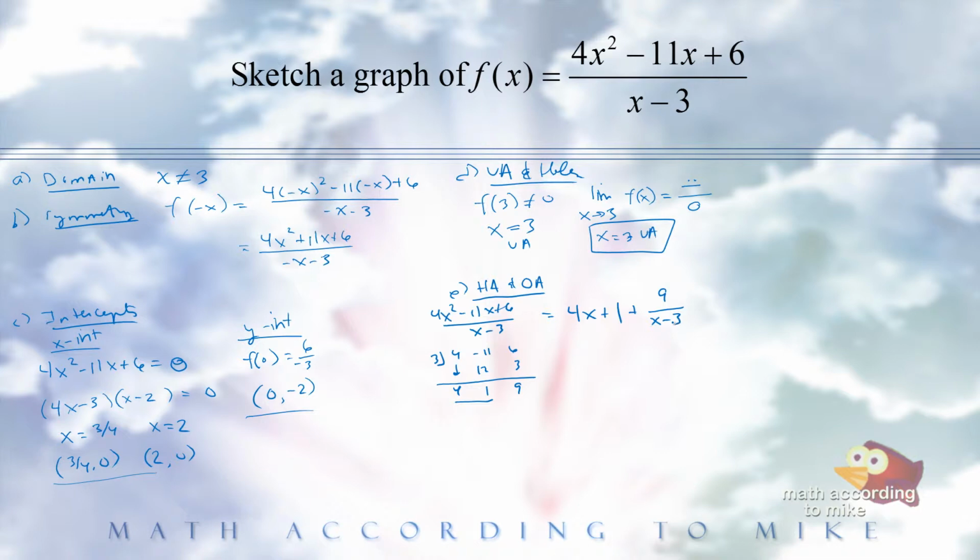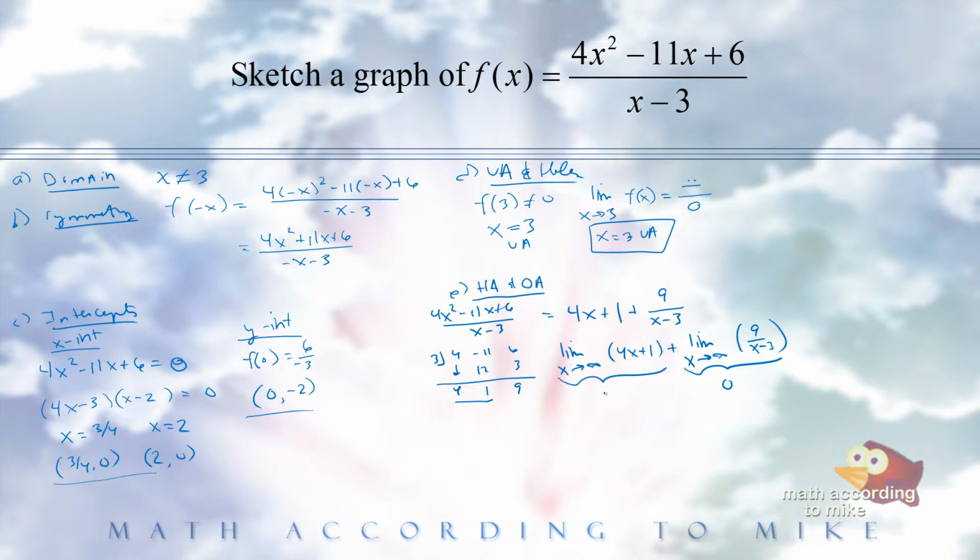Horizontal and oblique asymptotes occur when x gets really, really big or really, really small. So as x goes to infinity of this function, this part goes to 0.